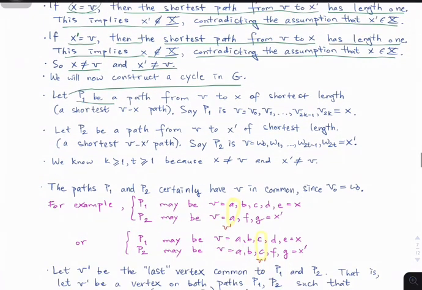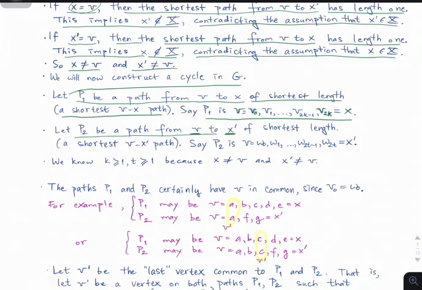Let P1 be a path from v to x of shortest length. In other words, P1 is a shortest v to x path. Say P1 is of this form, from v0, v1 to v2k, starting from v, ending at x. And let P2 be a path from v to x prime of shortest length.